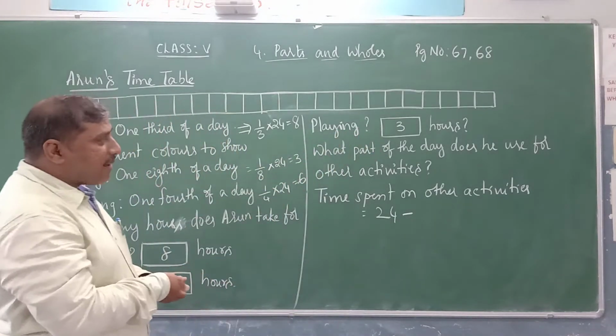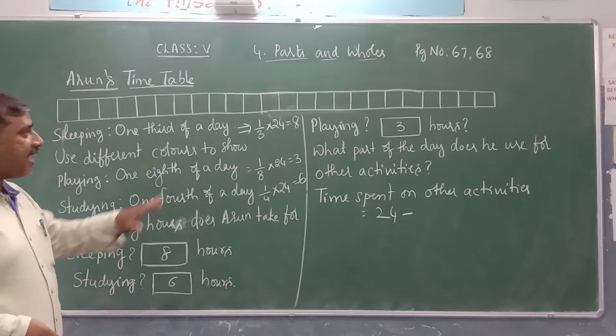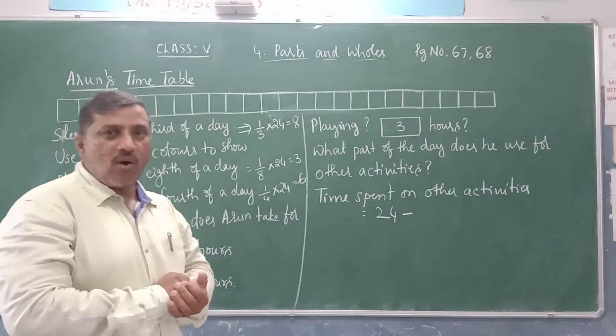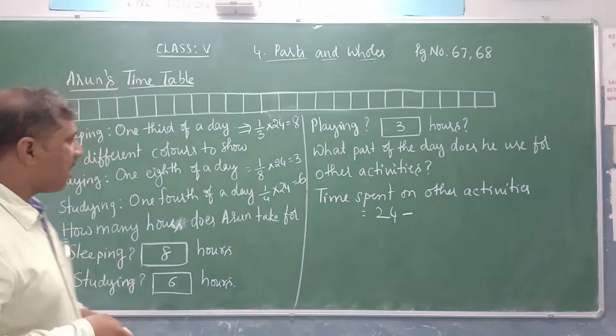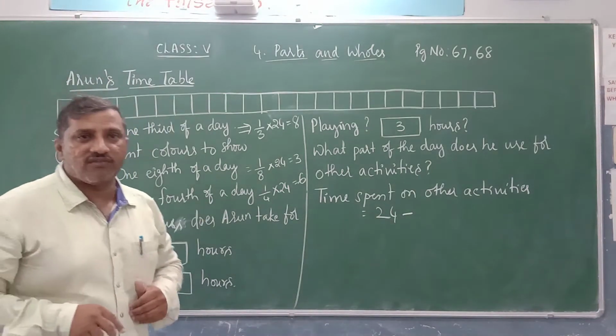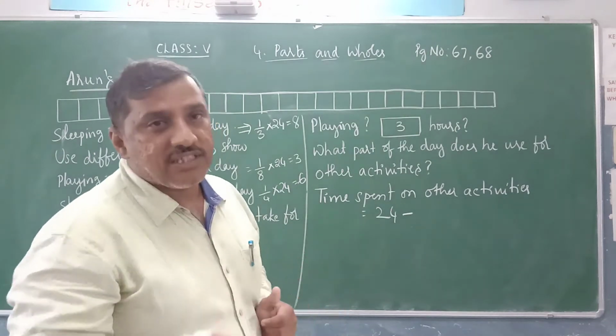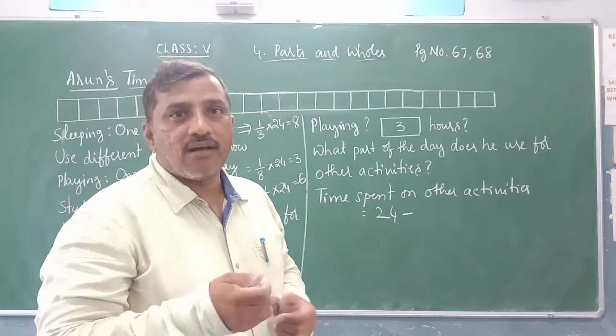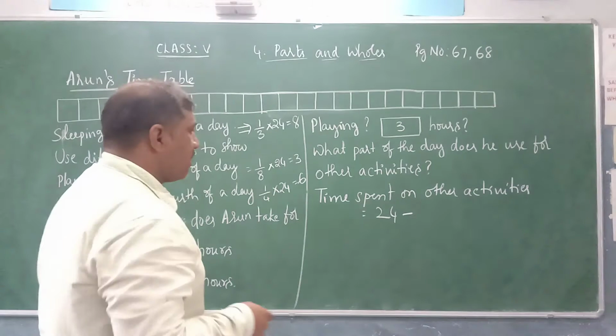So how much time does he spend sleeping, studying and playing? What do we have to do? Yes, we have to add. Now add this time and subtract that from 24 hours. We get how much time he will spend on other activities.